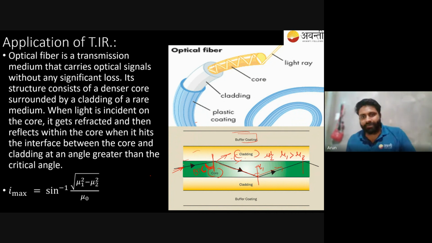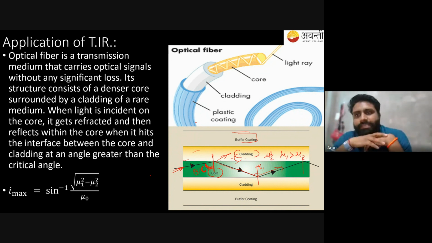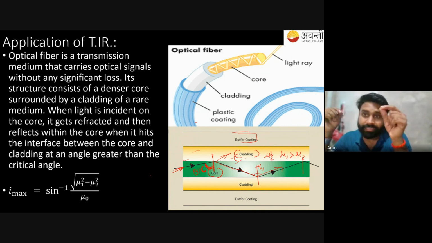So the signal moves without any loss of energy to a much greater length. This is the application of TIR. That's how we are getting signal. In your area, the tower receives electromagnetic rays, which are converted into a light signal and transferred by the optical fibers. That is why we are able to receive that signal. Got it?